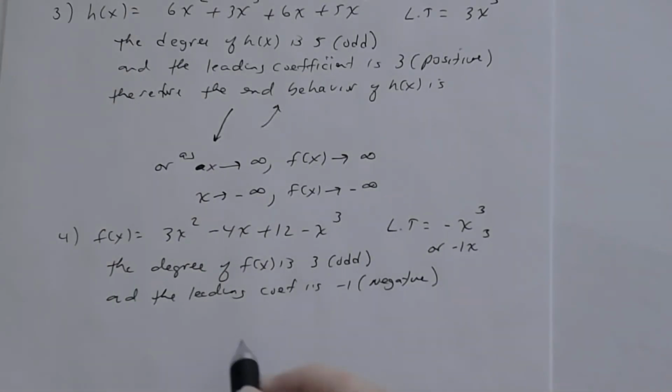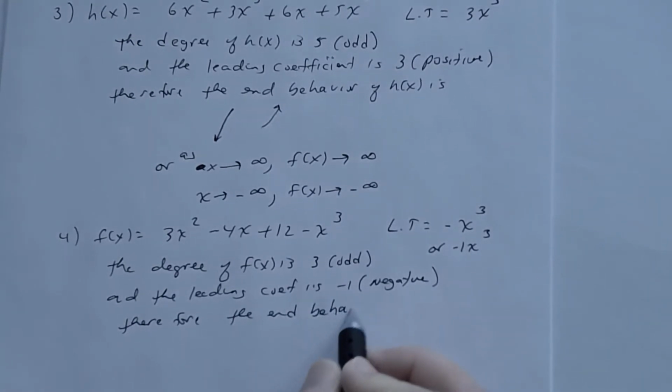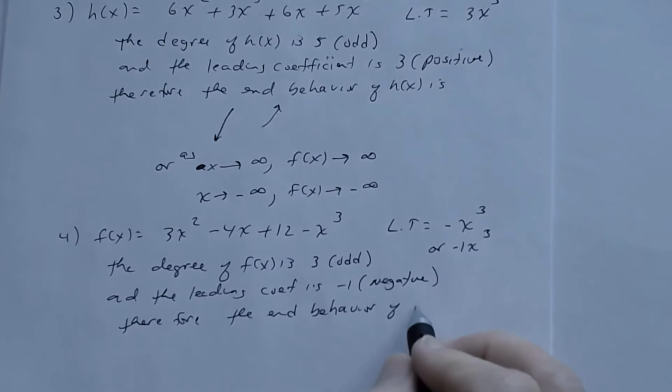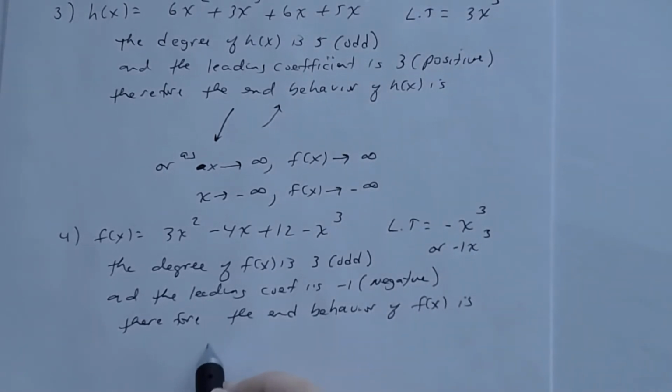Okay? So therefore the end behavior of f of x is, and you would say this. So remember it's negative, so you're going to say on the left side it goes up, on the right side it goes down.